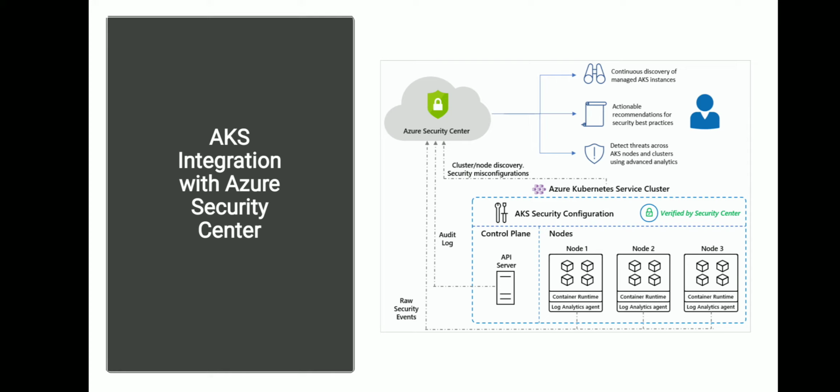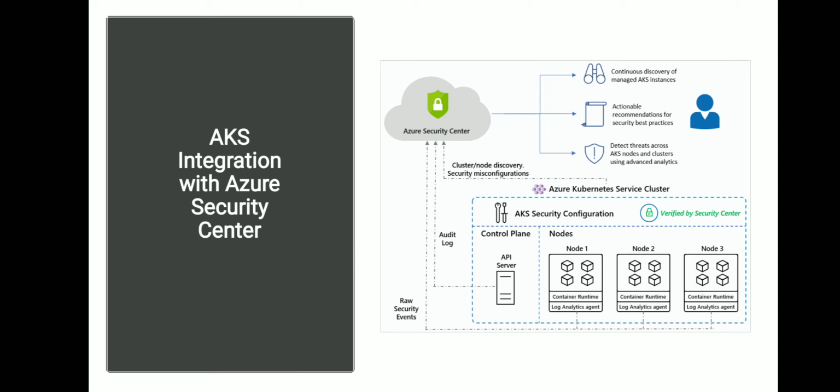Now this is the architecture, and I explained the different components. When it comes to protection, there are three types of protection: one is security recommendation, the other is environment hardening, and the third is runtime protection. As you can see from the diagram, Log Analytics agents are installed and sending data to Azure Security Center. It is then parsing and analyzing it, and giving you security recommendations in an actionable format.